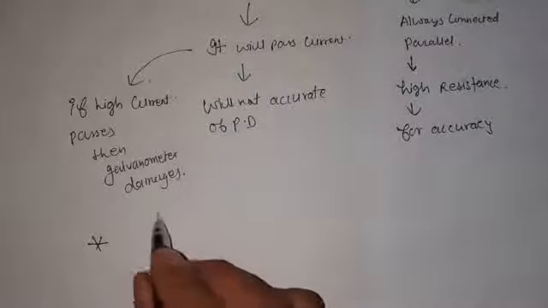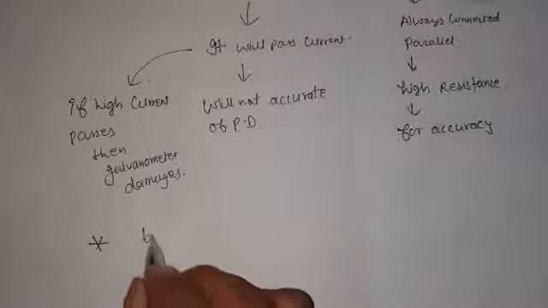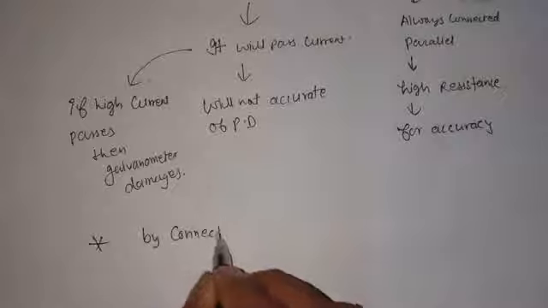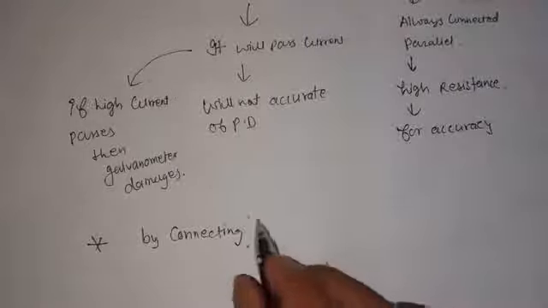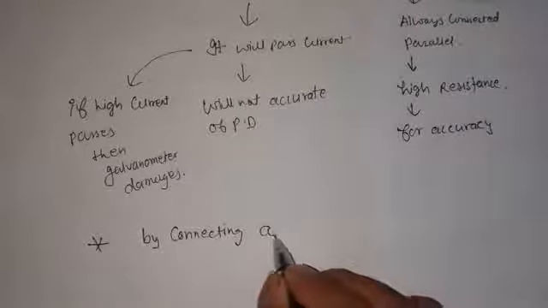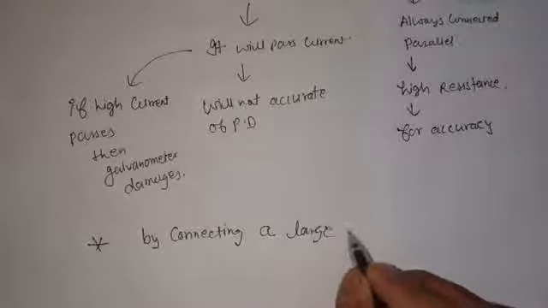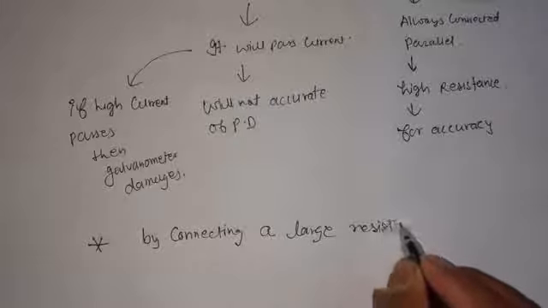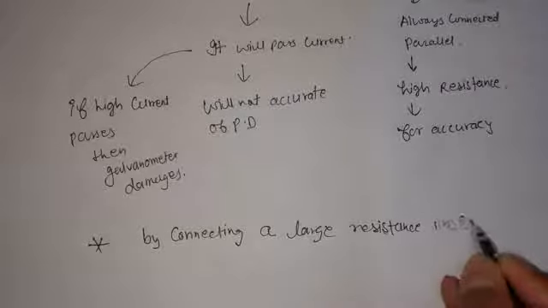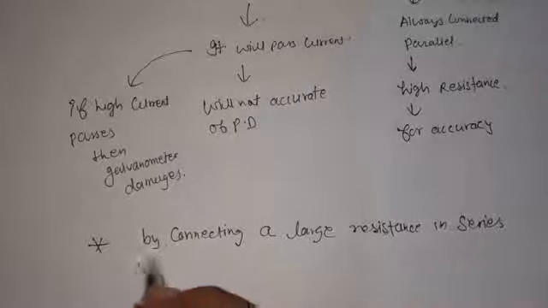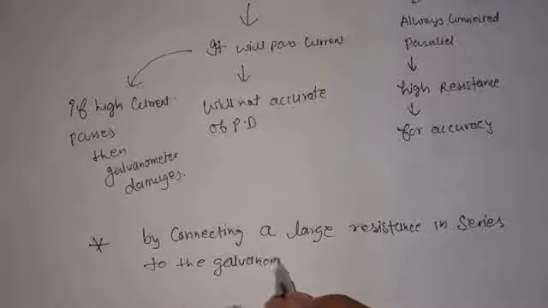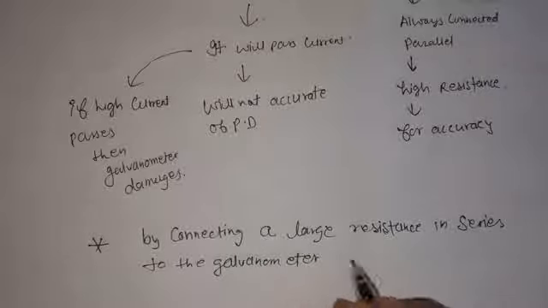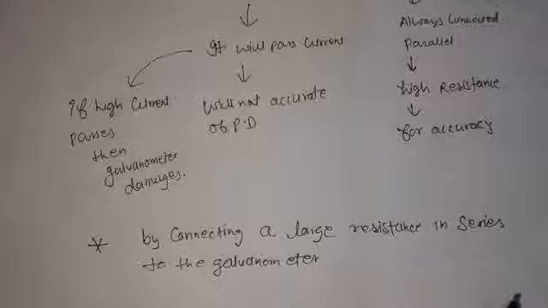Here is the important line to be noted: how a galvanometer is converted into a voltmeter. We say that, because we have to increase its resistance, by connecting a large resistance in series to the galvanometer, we can convert it into a voltmeter.